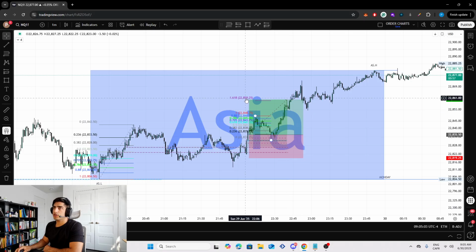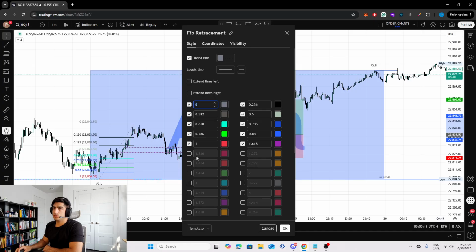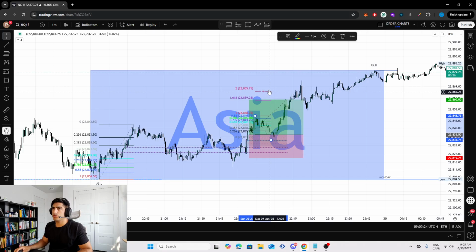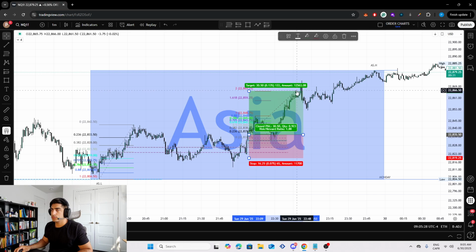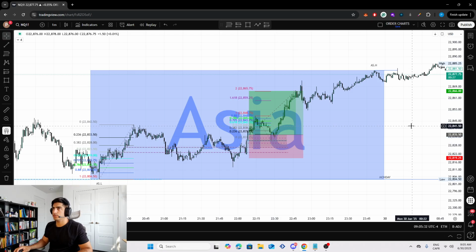And second target could have been at 2, like right here. Let me adjust it and put the 2 on it. Okay, 2 is right here. There you go. So that's 30 points. That's a 1.88 to 1.